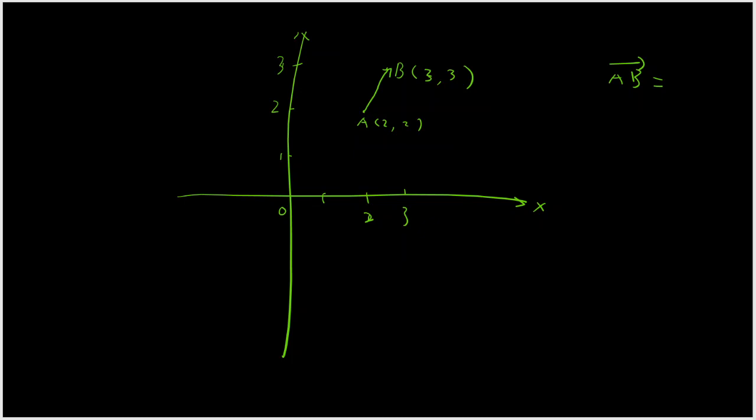As long as you know what we mean by two vectors being equal, you know the definition. So just write the two components.